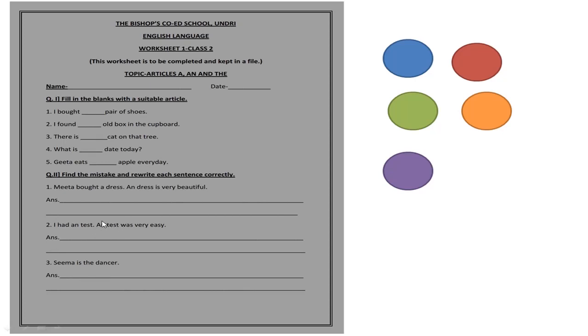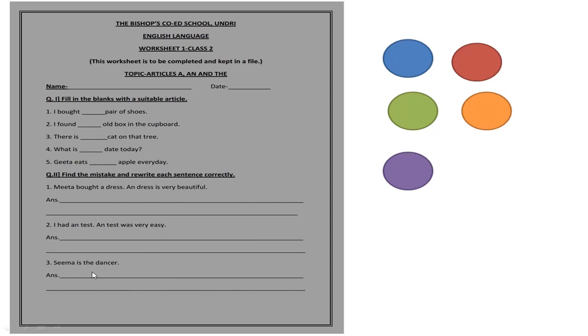Why? Because now in the first sentence it was any test. But in the second sentence it is not any test, it is the test which we were talking about in our first sentence, right? So I had a test. The test was very easy.